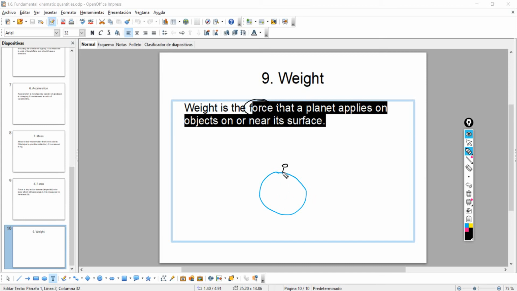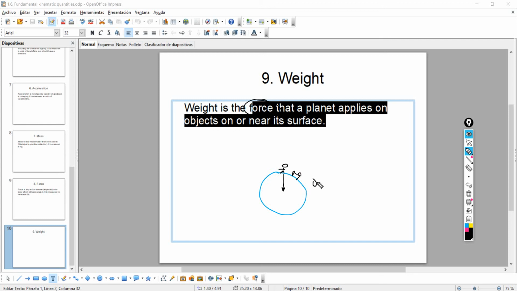So you are right here, right now. And what makes you stick to the surface of the planet? Well, it's a force that the planet applies on you and your desk and the apple on the desk, every single thing that is on the surface or even close to the surface. It doesn't have to be really on the surface.